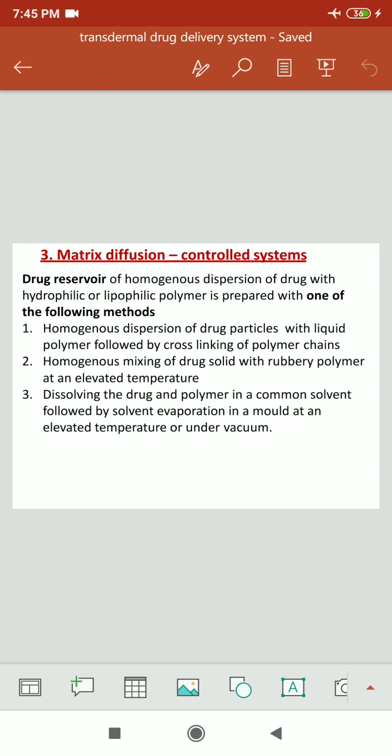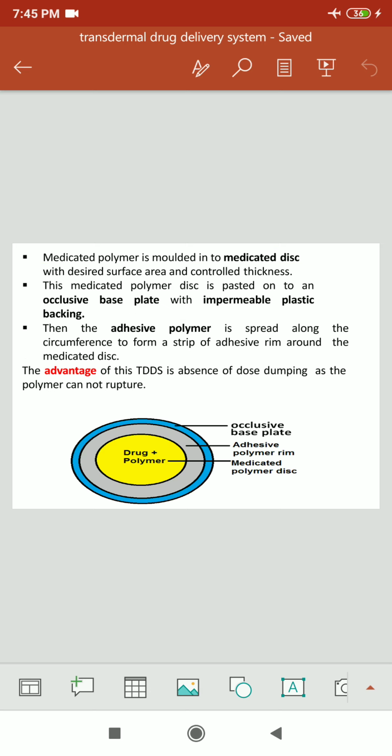Second, it is done using rubbery polymer at elevated temperature. Third method is to dissolve the drug and polymer in a common solvent, and after solvent evaporation under vacuum, they get the reservoir of drug plus polymer combination.